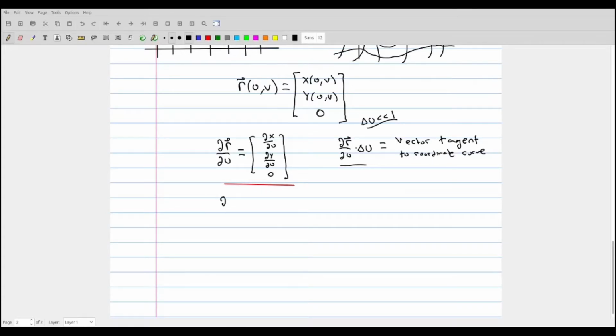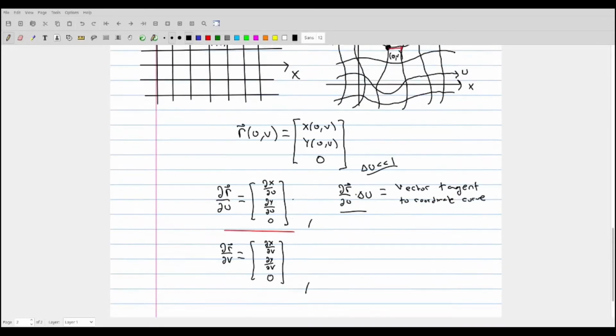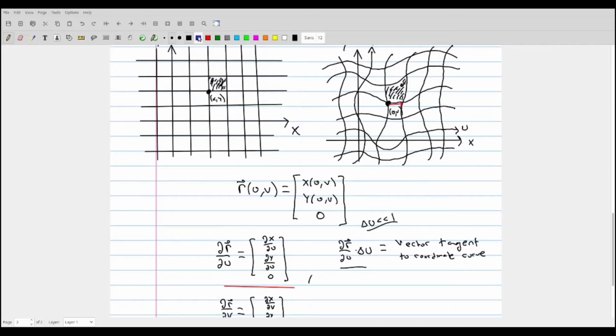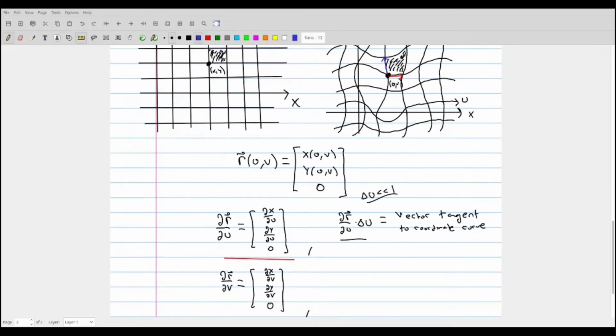In a similar manner, the partial derivative of the position vector with respect to v is going to be the vector dx dv, dy dv, which means that the vector approximating the length of the coordinate curve for a small change in v is exactly the vector dr dv times delta v.